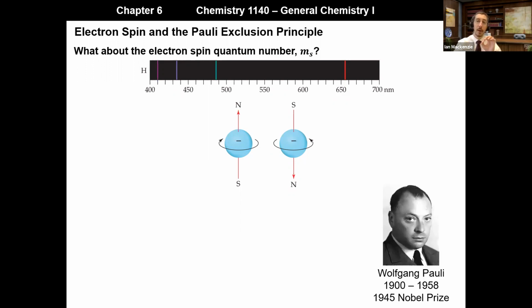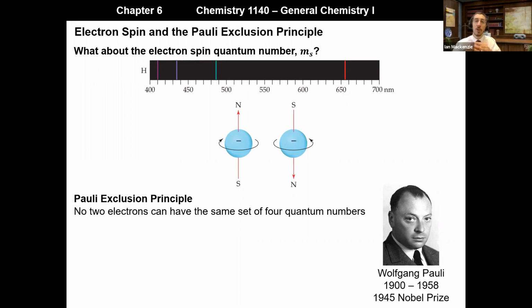Now, Wolfgang Pauli is the one who's credited with this discussion on electron spin. He was a Nobel Prize winner in 1945. And he formulated something that's known as the Pauli exclusion principle. And that is essentially just that no 2 electrons can have the same set of 4 quantum numbers.